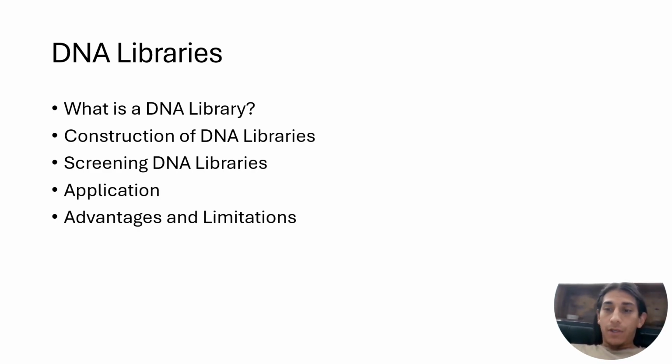DNA fragmentation, the isolated DNA is broken into smaller fragments using restriction enzymes. Vector preparation, a vector such as a plasmid or bacteriophage is prepared to carry the DNA fragments. Ligation, DNA fragments are inserted into the vector using DNA ligase. And transformation, we've discussed this before. The vector is introduced into host cells such as bacteria where the DNA fragments are replicated.